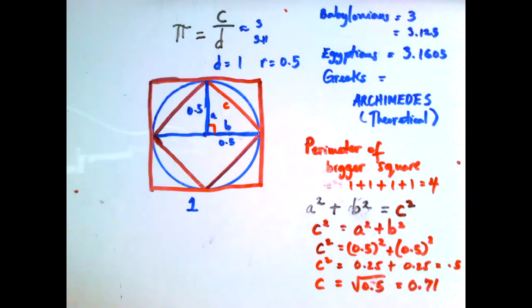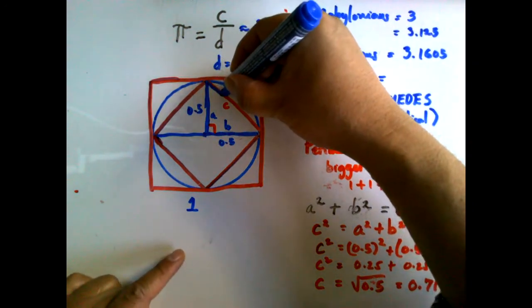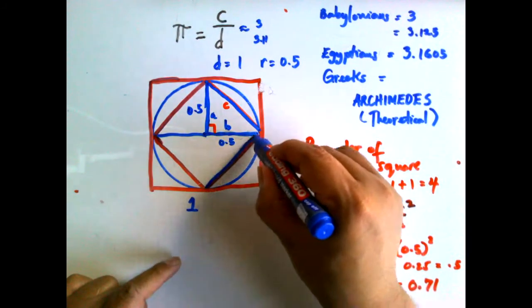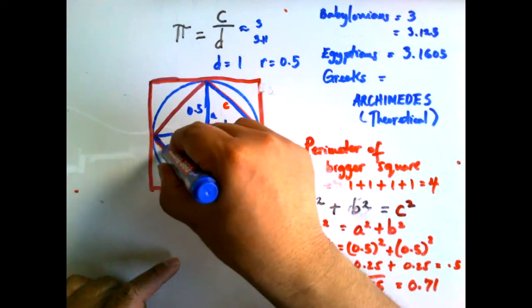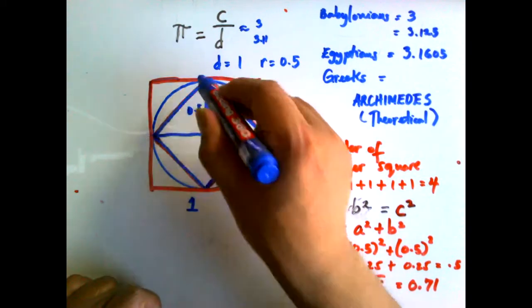Yeah, we can get the perimeter of this. So this one here is 0.71. This one is 0.71. This one is also 0.71. And that is also 0.71.